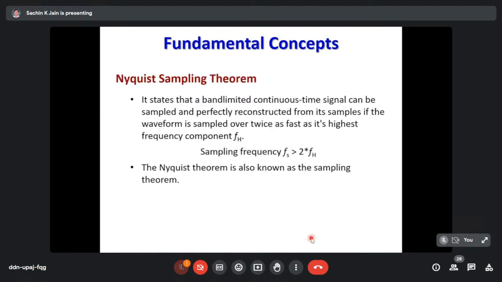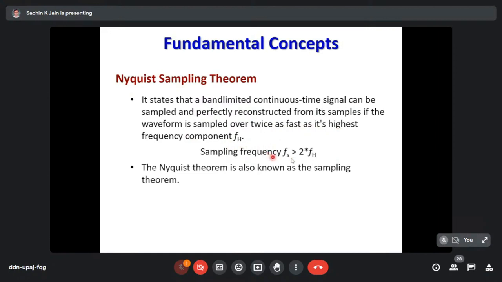Nyquist sampling frequency is another concept related to sampling, which states that a band limited continuous time signal can be sampled and perfectly reconstructed from its samples if the waveform is sampled at over twice as fast as its highest frequency component fh. I'll repeat.